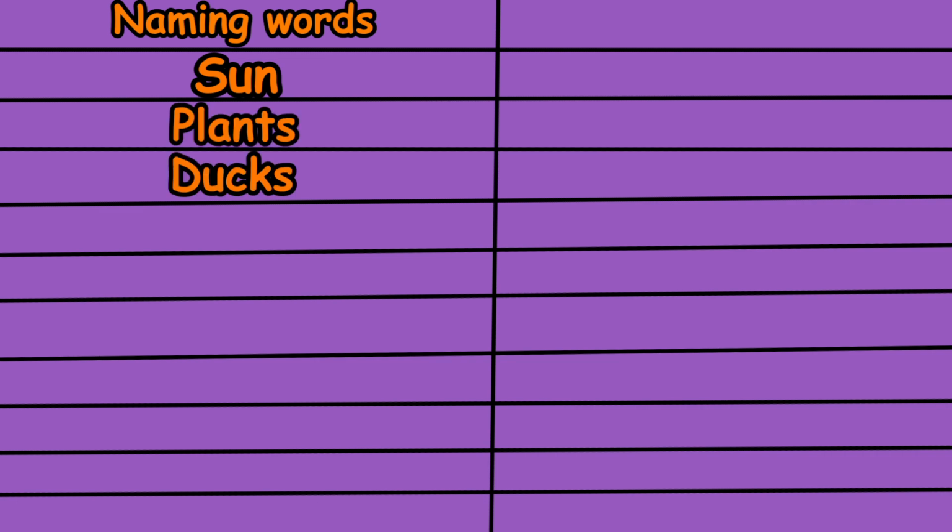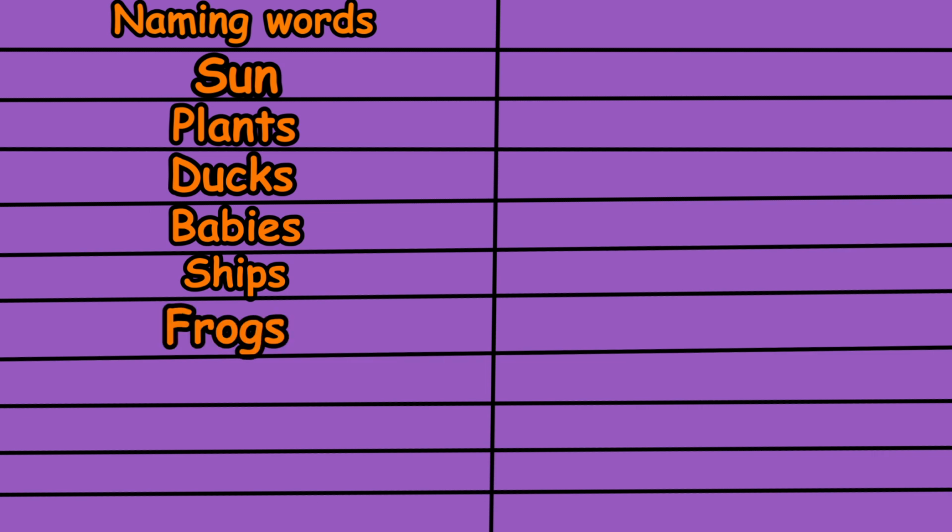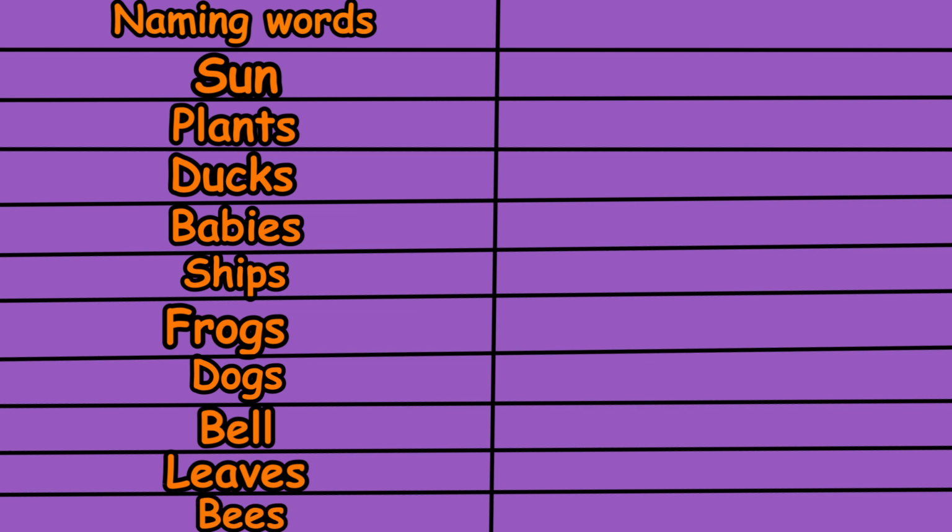The naming words are: sun, plants, ducks, babies, ships, frogs, dogs, bell, leaves, bees.